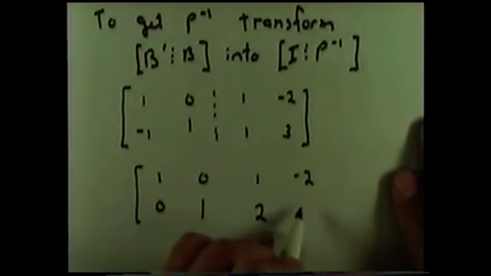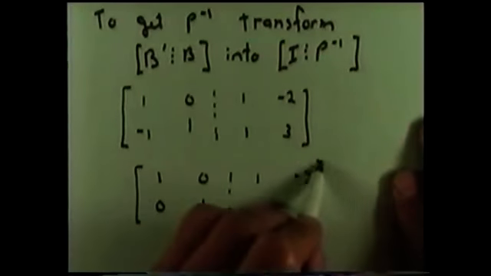Negative 2 plus 3 is 1. So here we have I. So that means that P inverse is going to be 1, negative 2, 2, 1. Now, of course, we could also have gotten P inverse by inverting P, but this method is easier.